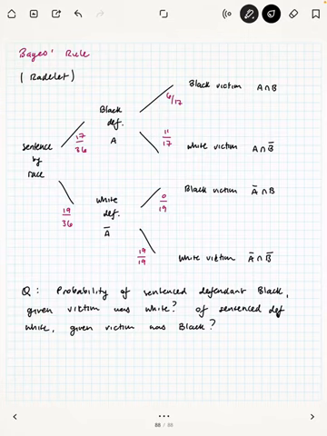So that flips our probability tree diagram on its head. And if we're just given the probability tree diagram, it seems like there's no direct way to determine the answer to a question like that. Or a question like, what's the probability of a sentenced defendant being white given we know the victim was black? For that, we use Bayes' rule, which I will write explicitly now.